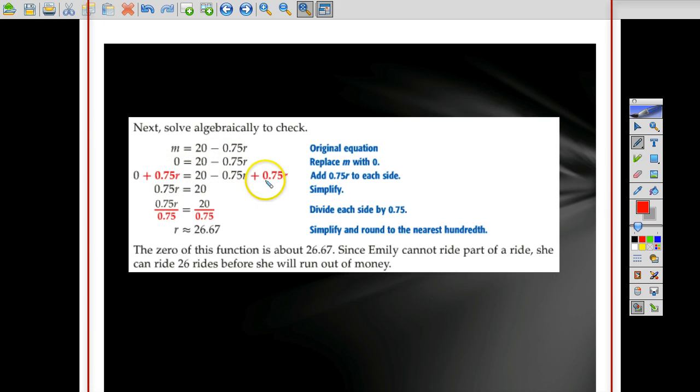So when you take away 0.75r on each side, then you have 0.75r equals 20, and then r equals 26.67. So that's about right. So roughly about 27. So since Emily cannot ride part of a ride, she can ride 26 rides before she will run out of money. Okay, so she can't ride 26 and a little bit more than that. It's either 26 rides or 27 rides. So she can only ride 26 rides.